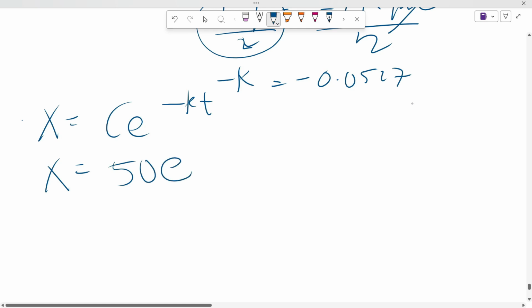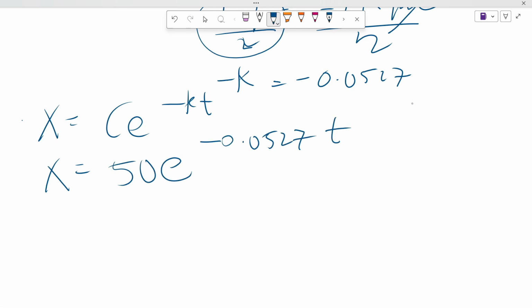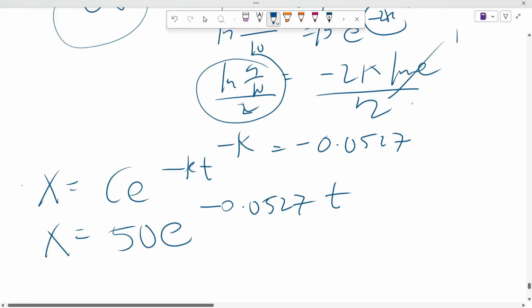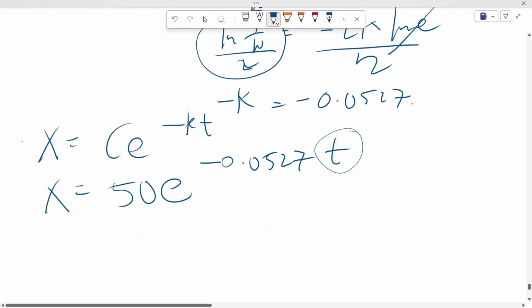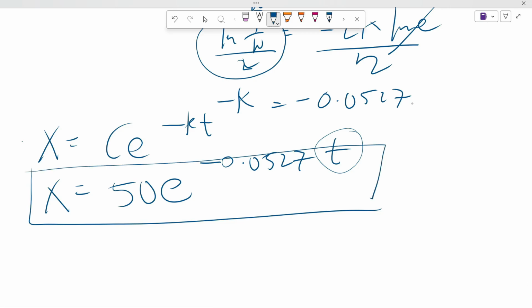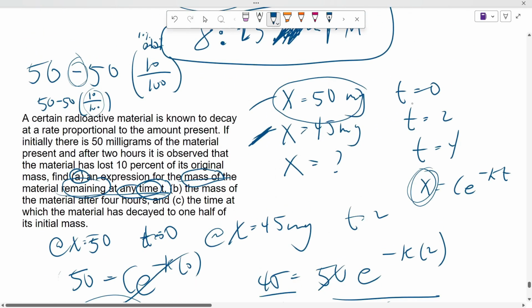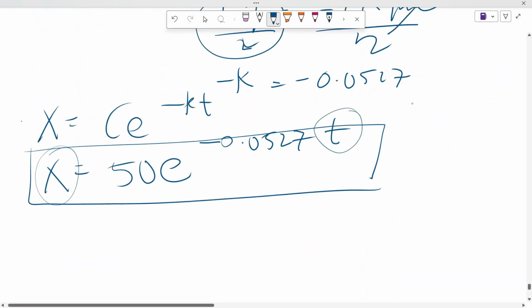E, yung negative K natin is 0.0527 T. So, sinabi sa problem is the expression of the mass of the material remaining at any time T. At any time T, ibig sabihin, pag naglagay ka ng kahit anong oras dyan, guys, makakakuha ka daw ng remaining X, which is remaining materials, guys. So, this is the answer for letter A.